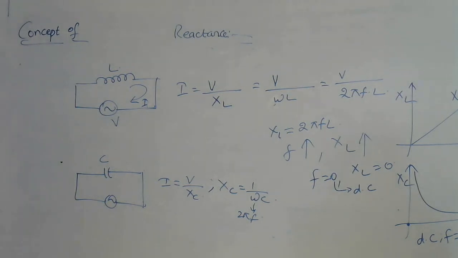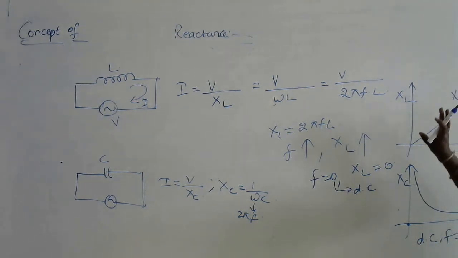So in simple words, capacitance offers an open circuit to DC, whereas inductance offers a short circuit. That is, capacitance will block the DC component. So this is the concept of impedance and reactance.